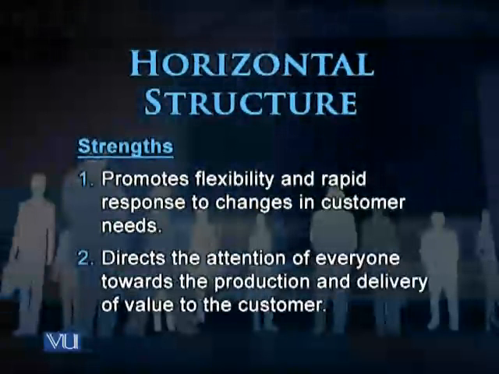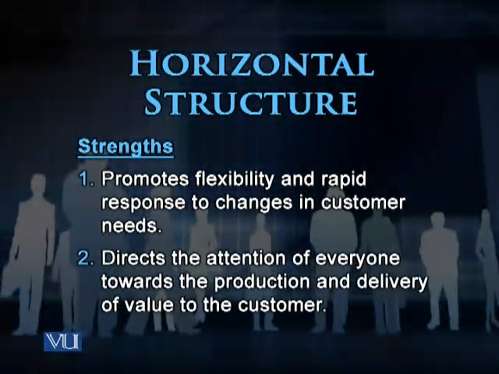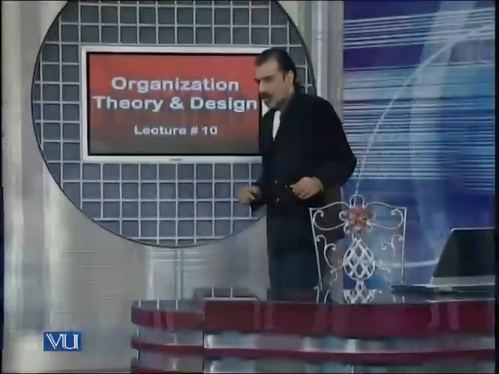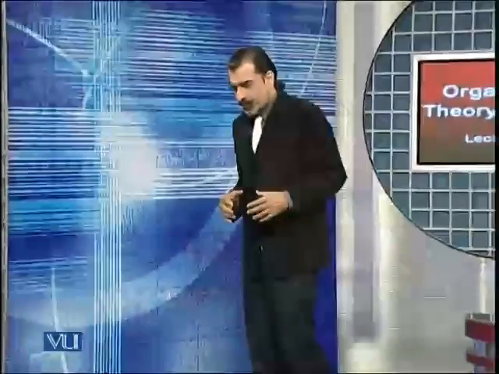The second strength of horizontal structure is that it directs the attention of employees towards the production and delivery of value to the customer. Now, this is important because this is a philosophical implication. Otherwise, if the employees are working in a typical functional or divisional structure, they have the mentality to think about their department or their SBU.